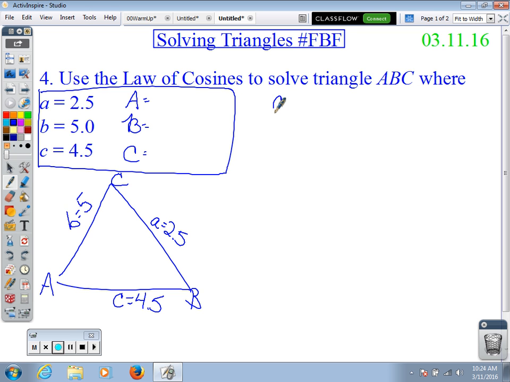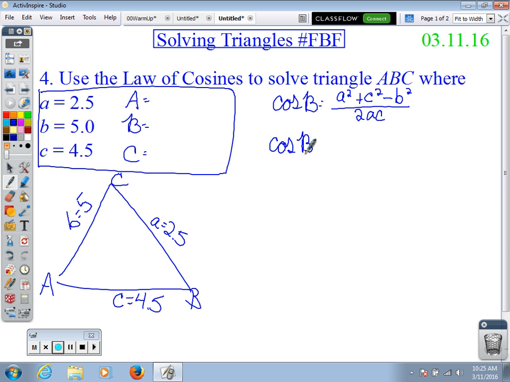So I'll have that the cosine of angle B is equal to A squared plus C squared minus B squared, all over 2 times A times C. Now we have all three sides, so we'll sub all three sides where they belong.